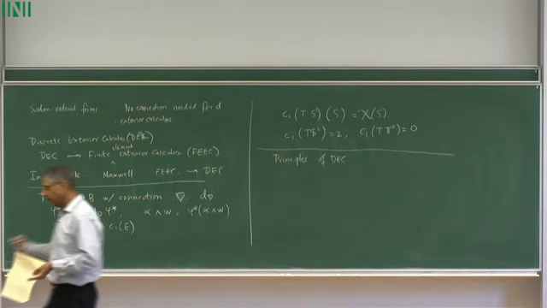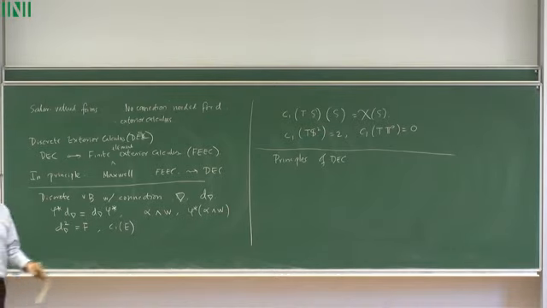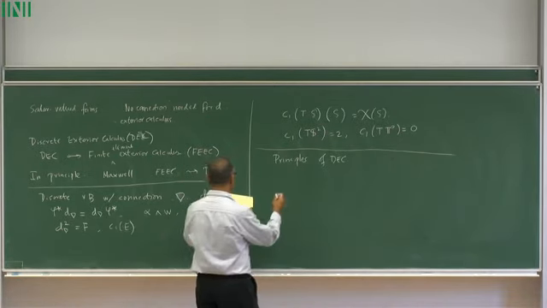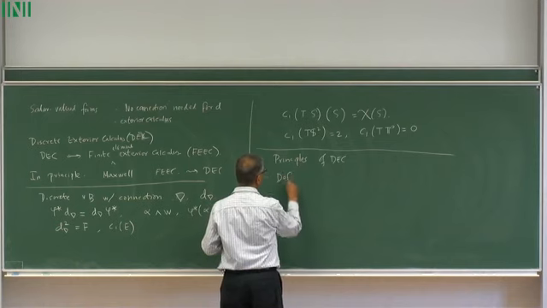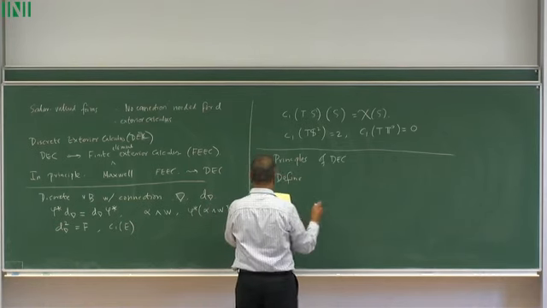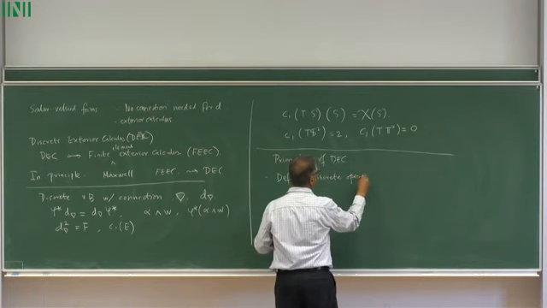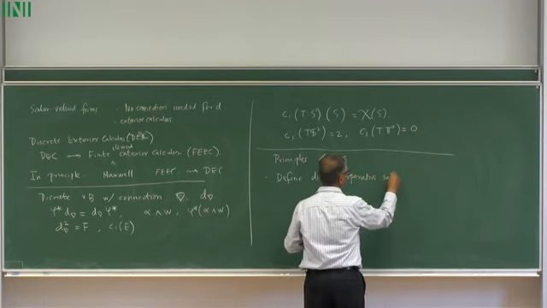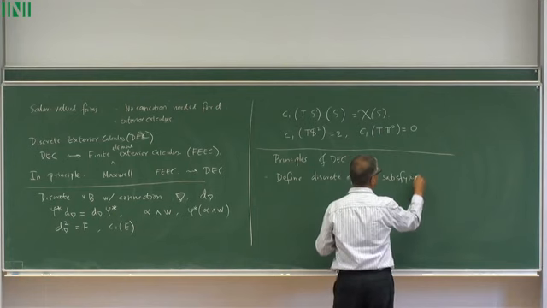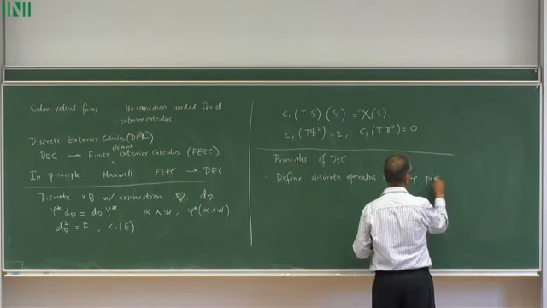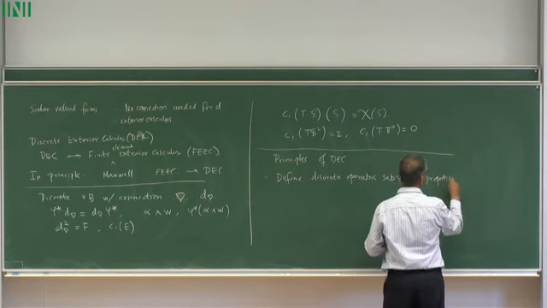It's just a way of working that we have been following. So the way of working has been to define discrete operators satisfying the properties that we know as much as we can of the smooth world.